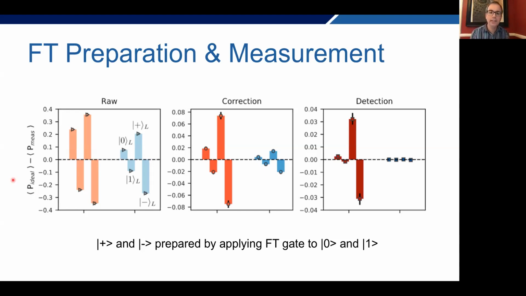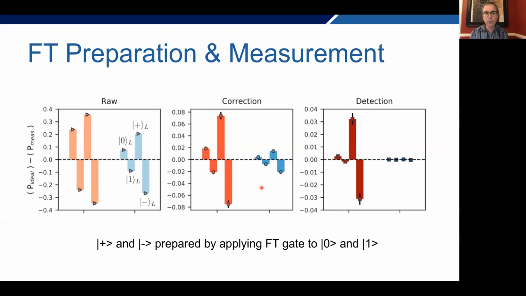And what you can clearly see here, no surprise to anyone at this conference, is the huge gain of fault tolerance, right? At the raw level, the errors are pretty comparable. Once you get to the corrected level, you see already that the fault-tolerant preparations are much better. And when you get to the detection level, it's pretty unbelievable.